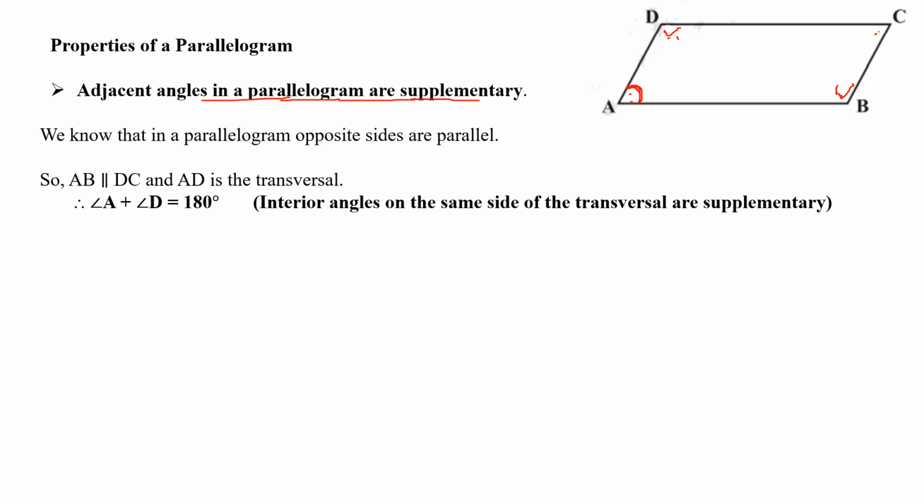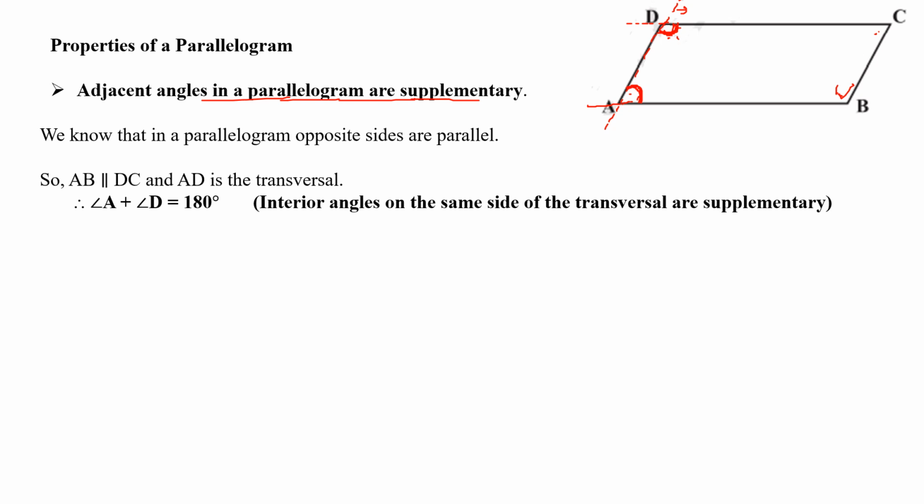I am going to extend these lines. It will be very much clear to you that now CD and AB are parallel and AD is the transversal. So you can see these two are the interior angles on the same side of the transversal. Both are on the right side, isn't it? So their sum will be supplementary. So angle A plus angle D will be 180 degrees.